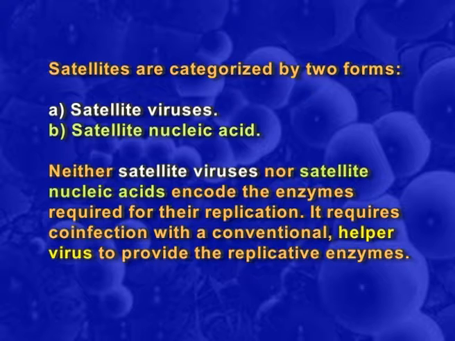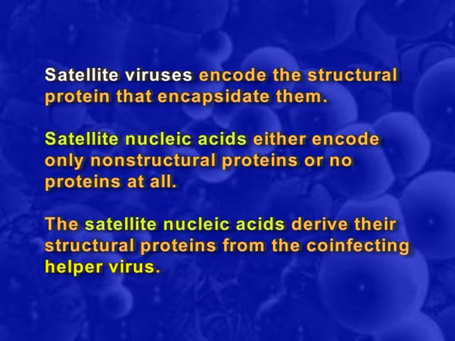So they are solely dependent on helper viruses to provide the enzymes needed for replication. But there is a difference: satellite viruses are able to synthesize certain structural proteins responsible for the encapsulation of their genomes. On the other hand, satellite nucleic acids can synthesize only non-structural proteins. They are solely dependent on helper viruses for packaging.